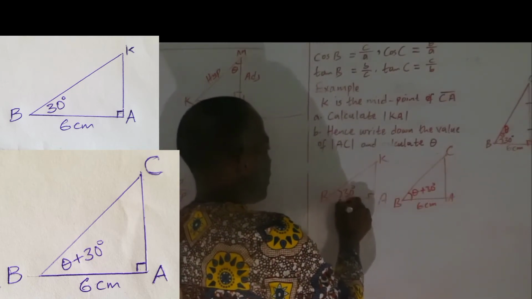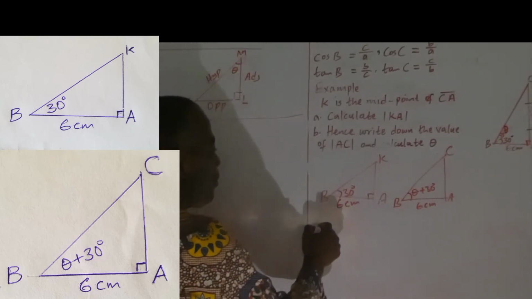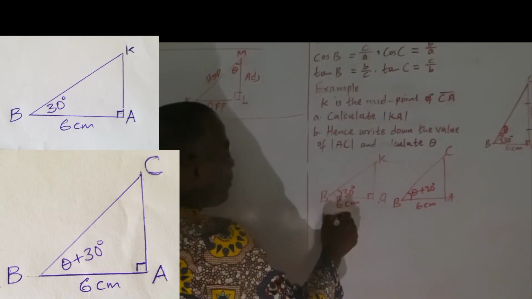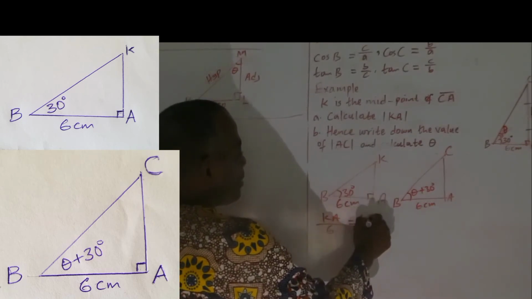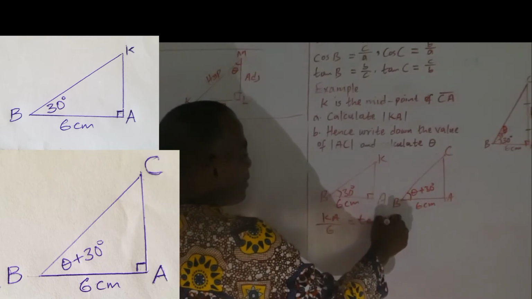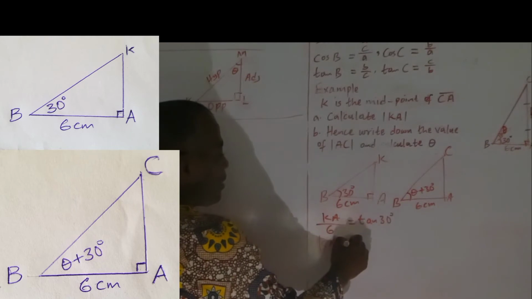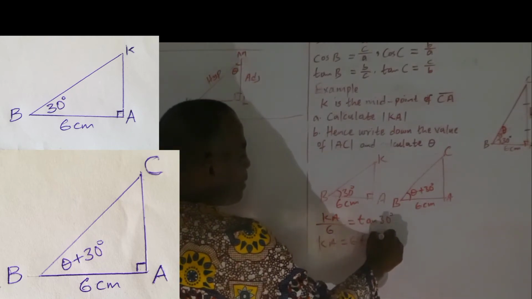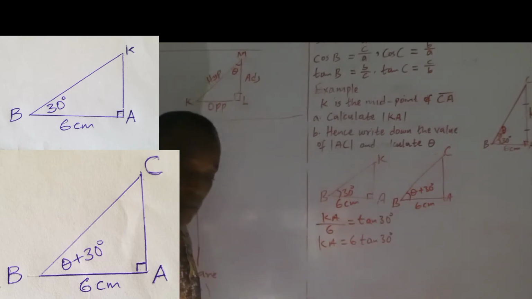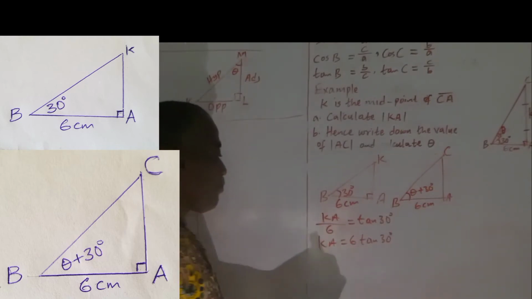So AB is 6 centimeters. KA over 6 is equal to tan 30 degrees. KA is equal to 6 tan 30 degrees. So tan 30 degrees is 0.5774.